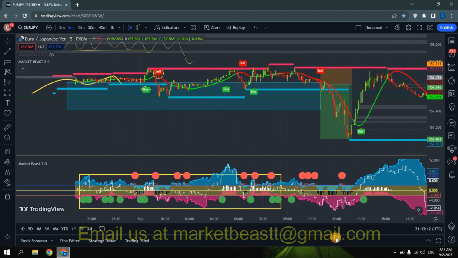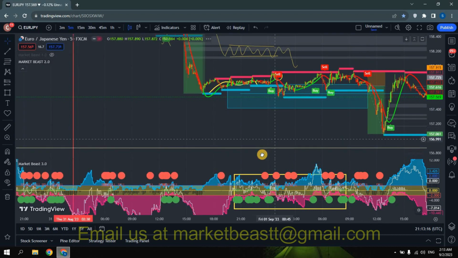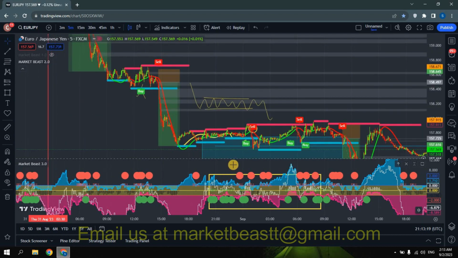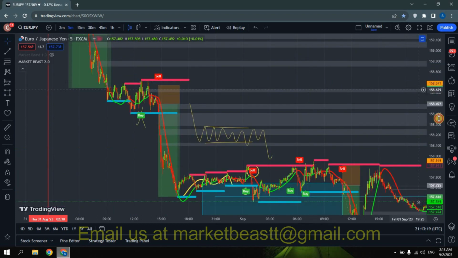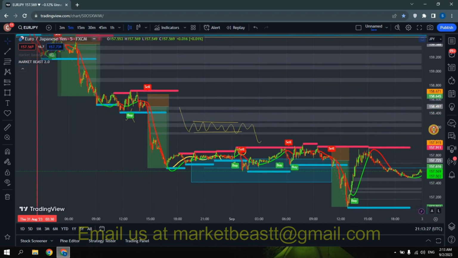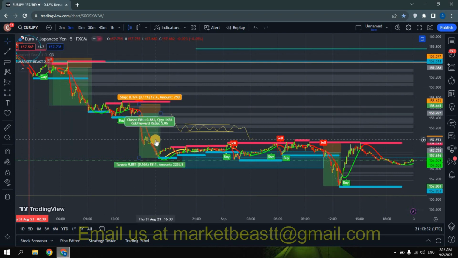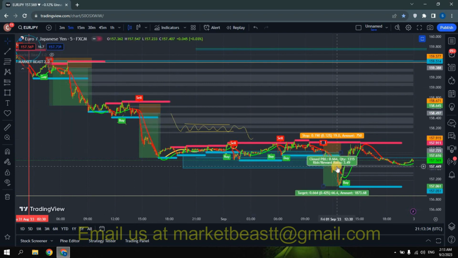Alright, this was our selling criteria. How many trades did we get? We got 3 trades, 3 potential trades. All 3 were wins.